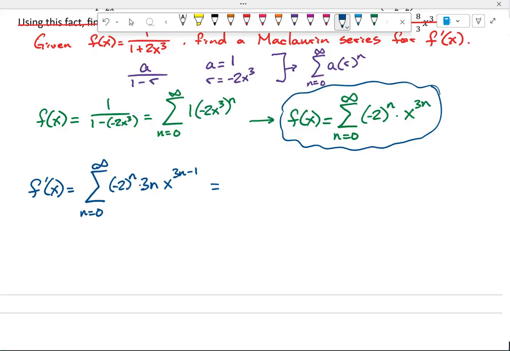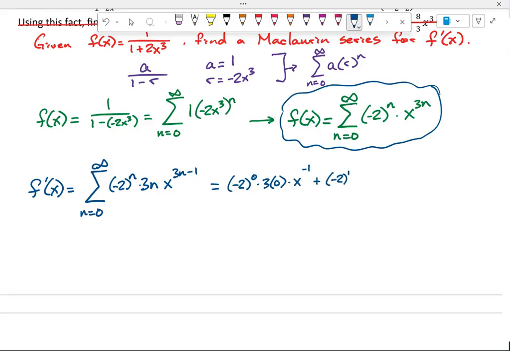So if I plug in 0, I'd have negative 2 to the 0 times 3 times 0 times x to the 3 times 0 minus 1, so that'd be to the negative 1. And then we would have plus negative 2 to the first times 3 to the first, or 3 times 1, right?